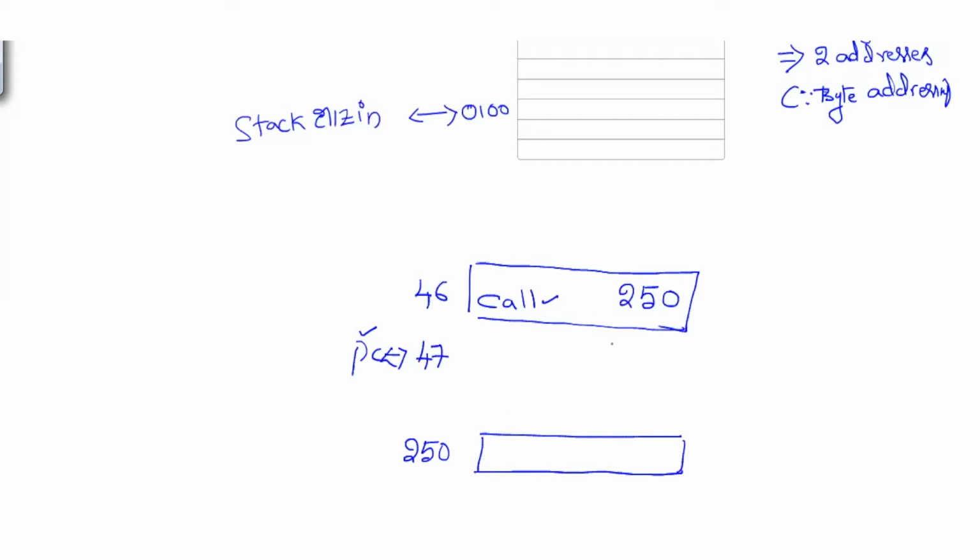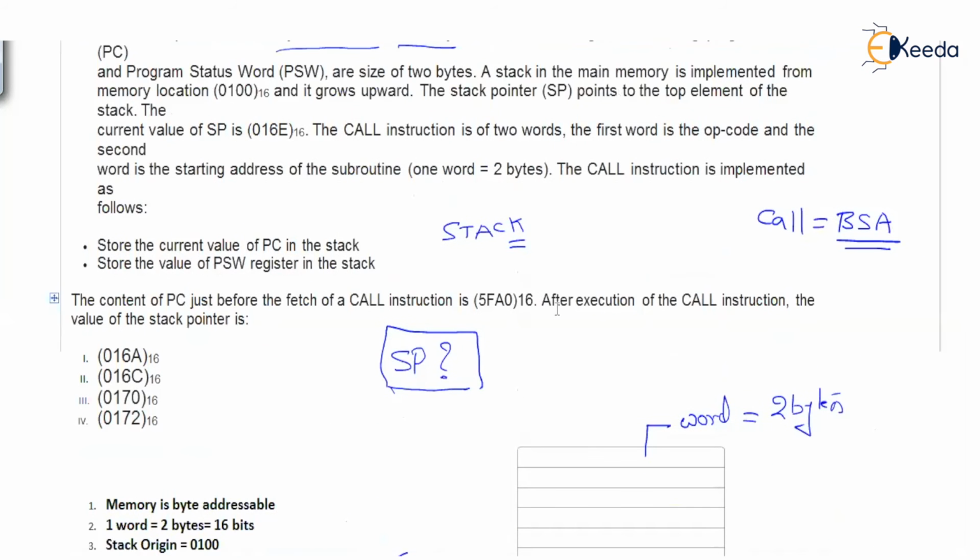But before we branch to 250, we should be able to save this program counter value. Where are we going to save it? We are going to push this program counter value into the stack before we branch to the subroutine address, which is specified in the address part of the instruction. Here he is giving such detail again.